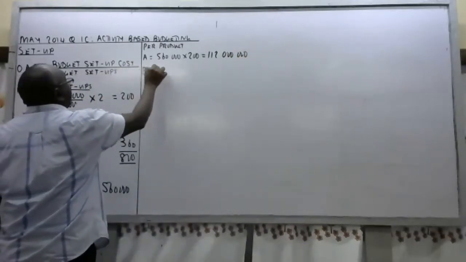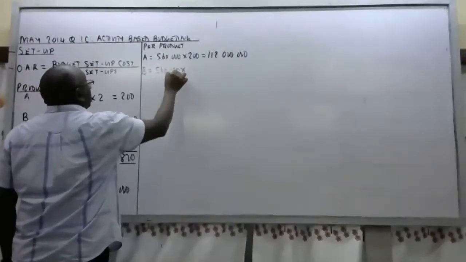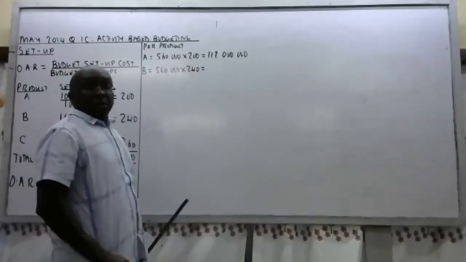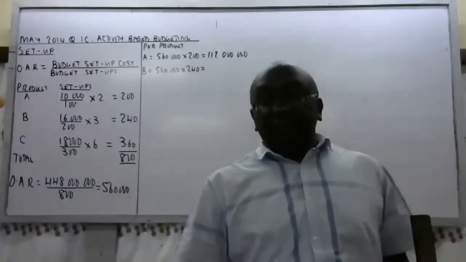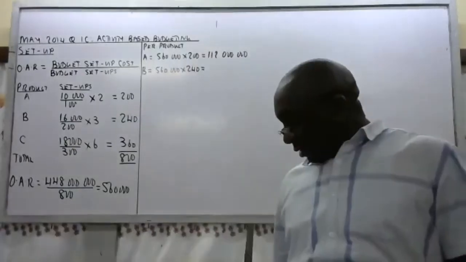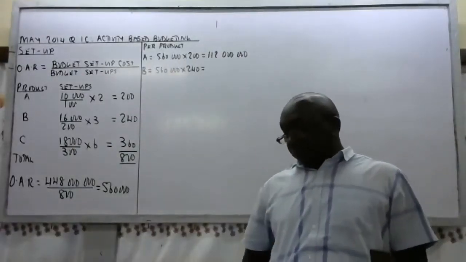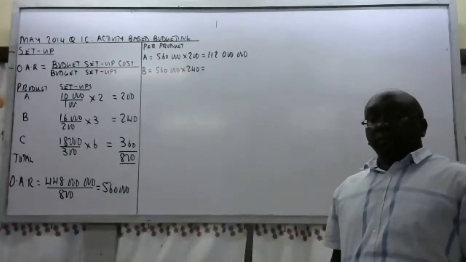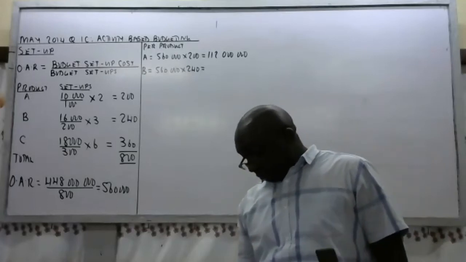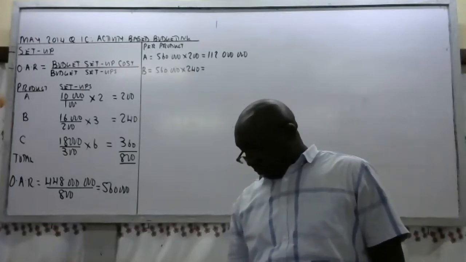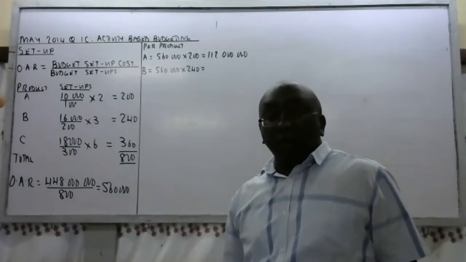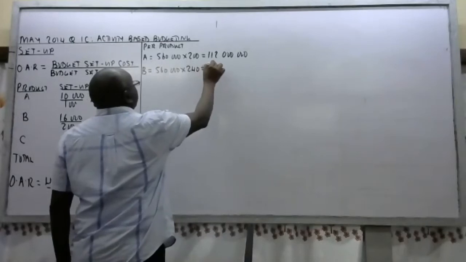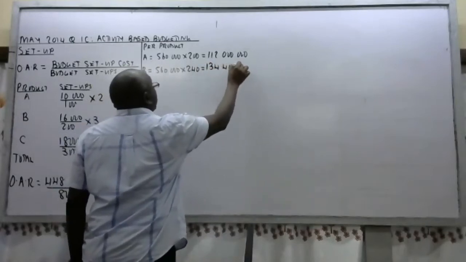B, we receive 560,000 multiplied by 240. That is 134,400,000.